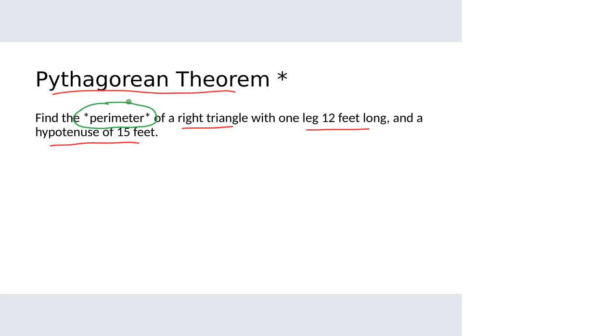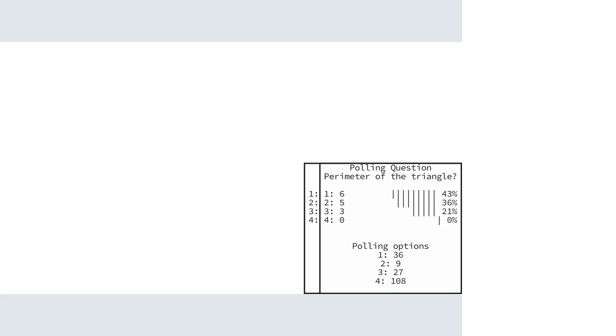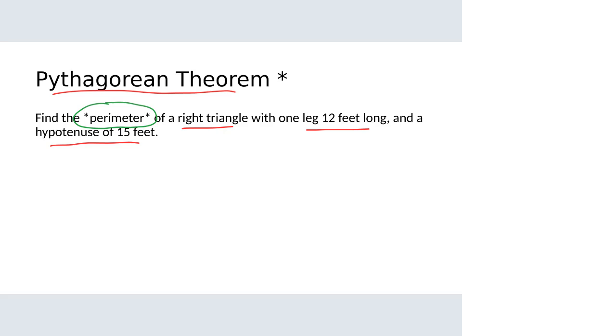Now let's see where we are on this one. Oh, wow, we're spread out all over the place. Okay, we better be very careful as we go through this one. Let's go take a look at this.